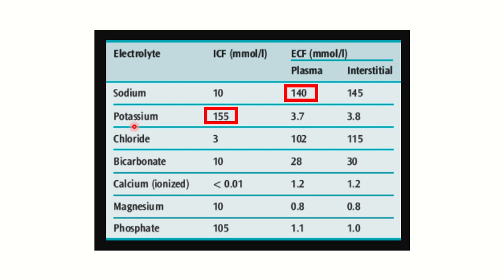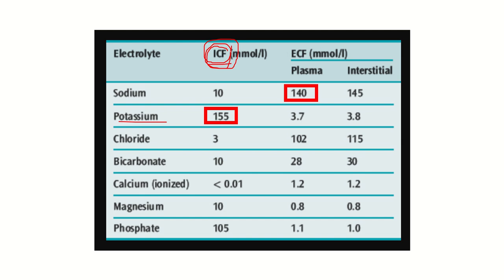First of all, here we can see this is the potassium, and this potassium is present in the maximum portion, 155 millimole per liter. It is present in the ICF. So this point is very important. ICF means the fluid which is present within the cell. So the potassium is very high within the cell.